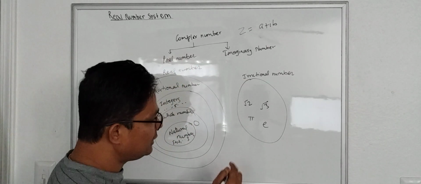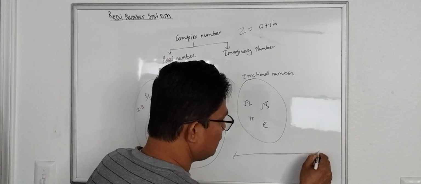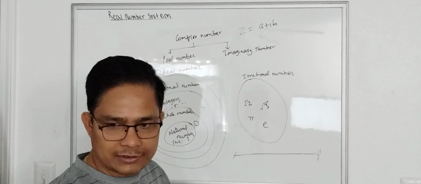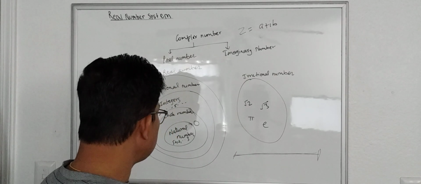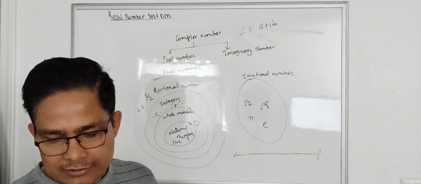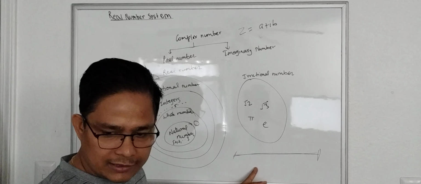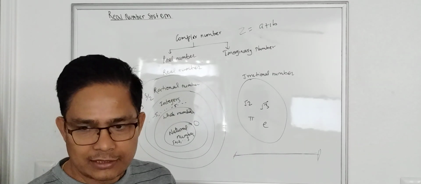So a real number is anything that you can find on the number line. All the numbers, be they positive, negative, rational, irrational, integer, whole number, natural number, any type of number that you can find on the number line, that will be your real number.